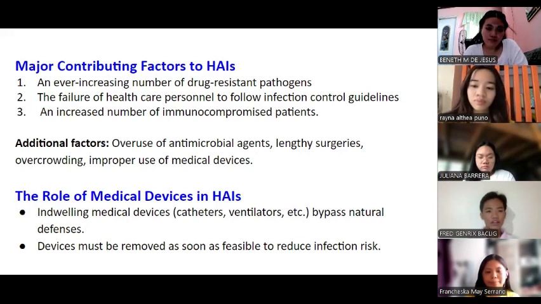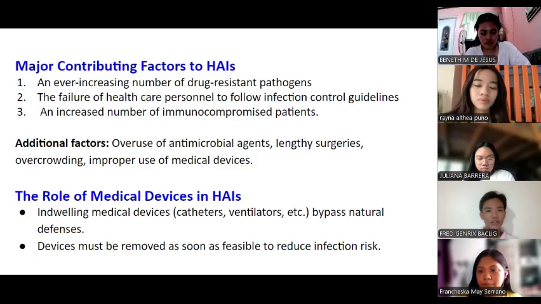Number three, an increased number of immunocompromised patients. Many patients in the healthcare setting are immunocompromised, which means their immune systems are weakened due to their medical condition, such as cancer, and medication, such as chemotherapy, which weakens their immune system, and procedures like organ transplant.